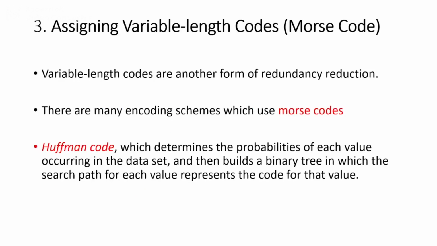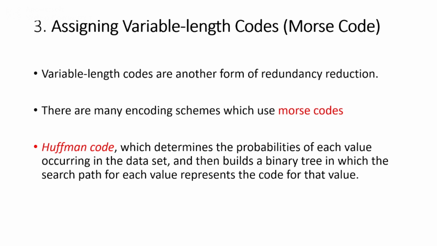The next method you have is assigning variable length codes, or I can call it Morse code. Here we are using variable length codes, which are another form of redundancy reduction, and there are many encoding schemes which use them.